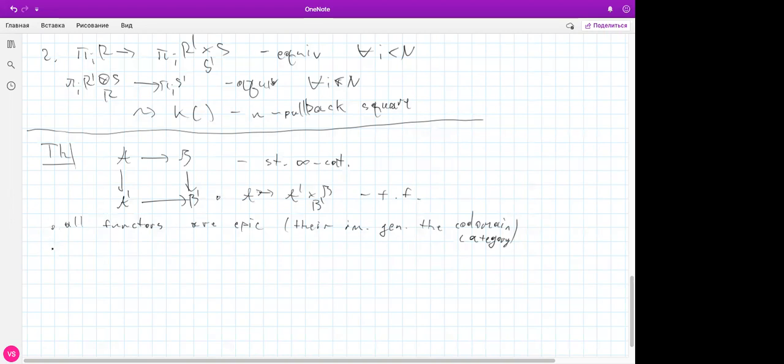And the third property that we want is a bit weird one. It's weird, but I'll explain it. So I can consider the completions of these categories. And then I have adjoint functors.